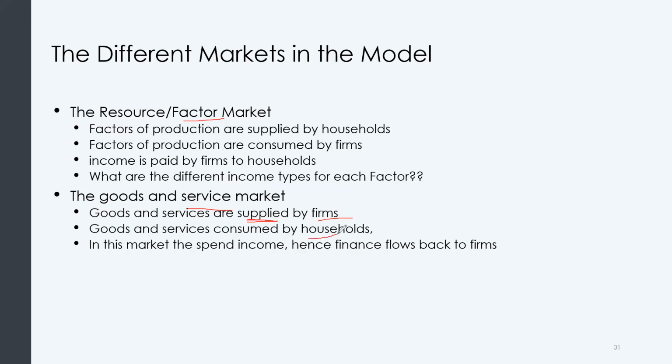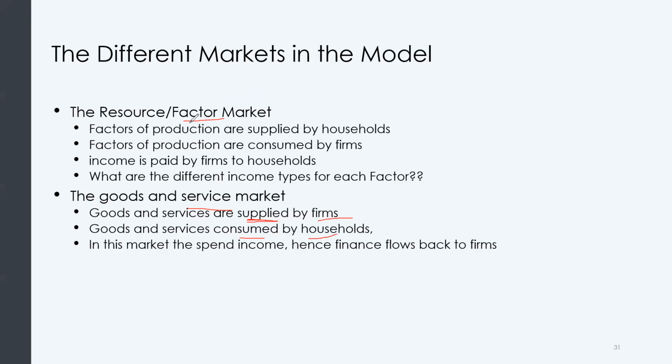And then the households are the consumers of the goods and services market because they go to the market to consume. And the households, what are they doing? They are spending the income that they were given within this particular market.